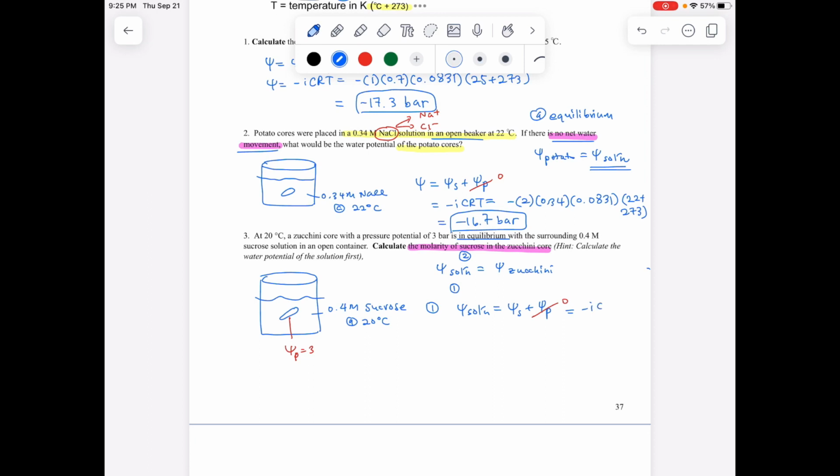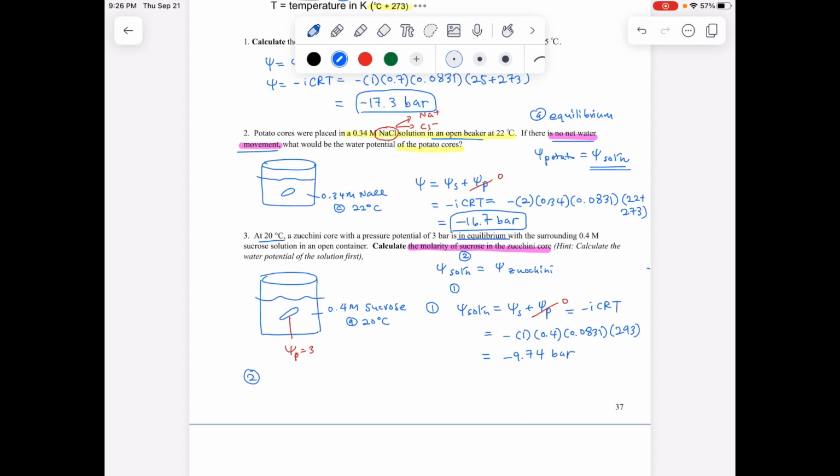So that just becomes negative iCRT, where i, for sucrose, is just 1. It's a molecular compound. The molar concentration is 0.4 molar. R is 0.0831. And temperature, so 20 degrees Celsius, so 273 plus 20 will be 293 Kelvin. So that gives us negative 9.74.